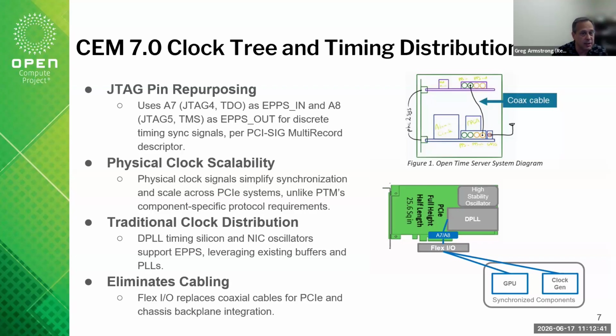And so what the PCI SIG CEM group was looking at is, how can we build the concept of a clock tree distribution to distribute both frequency, and even very precise time distribution? And basically complement other technologies out there. This doesn't eliminate the need for the precision time measurement that's used to distribute a timing signal over the PCIe bus, but it definitely can complement it, right?